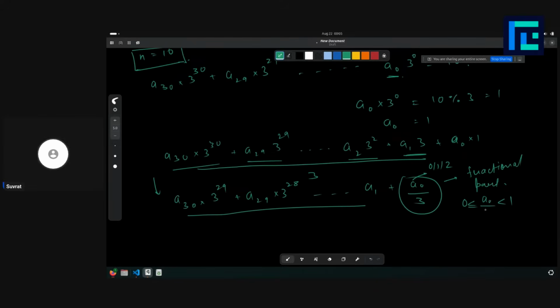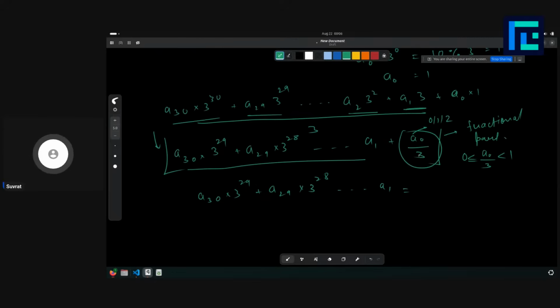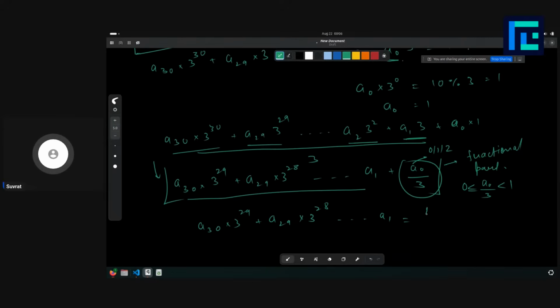So this is a fractional part. And now if I take the floor of this, basically doing the floor division, I would get a30 into 3 to the power 29 plus a29 into 3 to the power 28 till a1. And now this is equal to floor division of 10 by 3, which is 3.